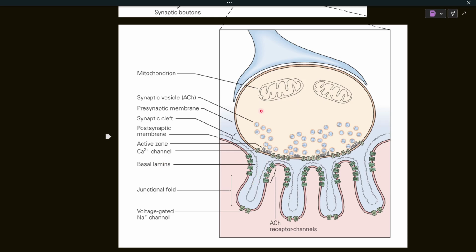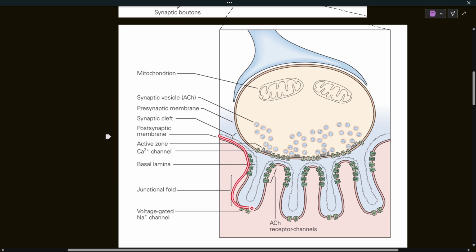These are the synaptic vesicles containing acetylcholine. This is the presynaptic membrane. The gap between the presynaptic membrane and the postsynaptic membrane is referred to as the synaptic cleft, which is almost 100 nanometers wide. This is the postsynaptic membrane.